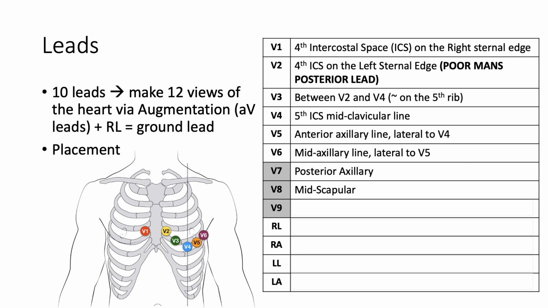V8 is in your mid-scapular line, again in a horizontal line, and V9 is your left spinal edge, just on the side of the spinal process. What people commonly do is take these three off and replace them into these three locations, and when they get the ECG printout, they rewrite over the 4, 5, 6 with 7, 8, 9. And maybe they'll write posterior ECG at the top so no one gets confused, although that is quite confusing.